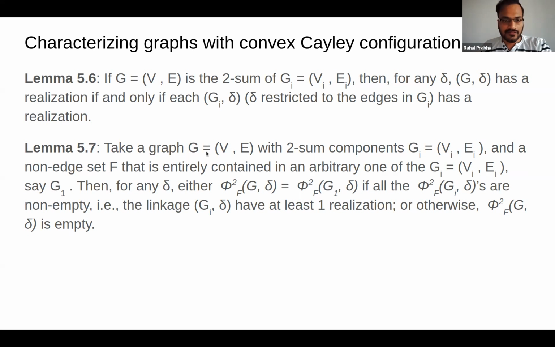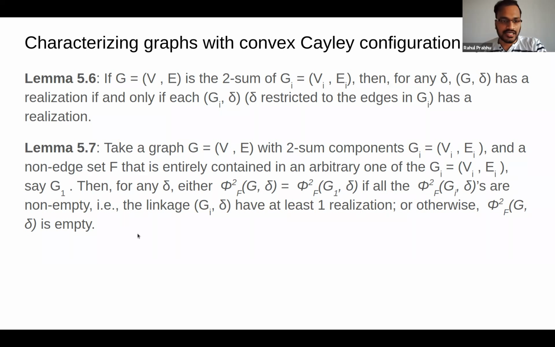Now we're talking about lemma 5.7. We take a graph with two-sum components GI and a non-edge set F that is entirely contained within one of these two-sum components. Let's say that two-sum component is G1. Then for any delta, that is the edge length assignments, the Cayley configuration space of the original graph G on the non-edge set F in 2D is the same as the Cayley configuration space of this G1 in which we have added the non-edges.